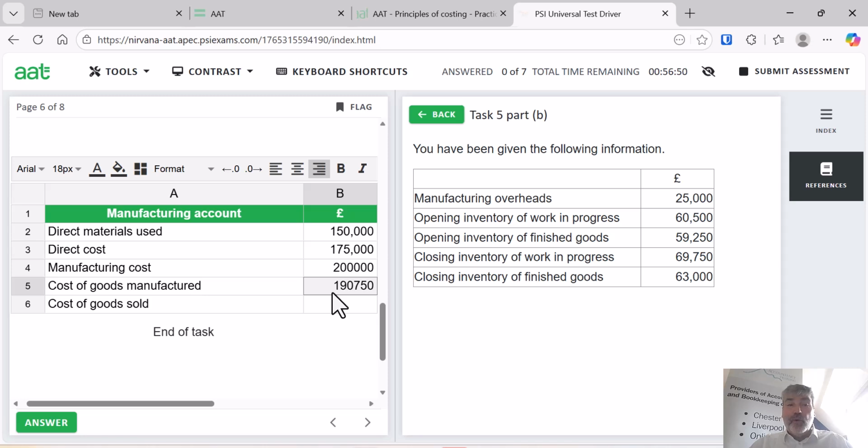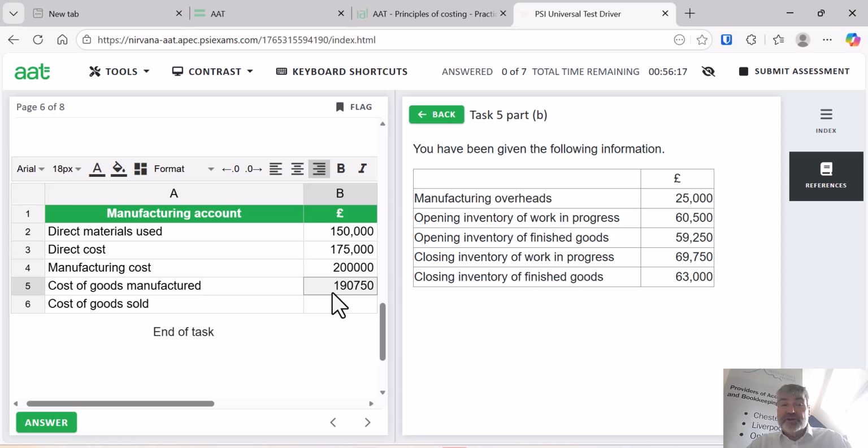So finally, we're asked to calculate the cost of goods sold. Again, it's the final subtotal on a manufacturing account. You need to remember going into the exam how you calculate that figure. The £190,750 worth of goods that have been manufactured, in other words, completely finished in the period, would have gone into the warehouse as finished goods waiting to be sold.